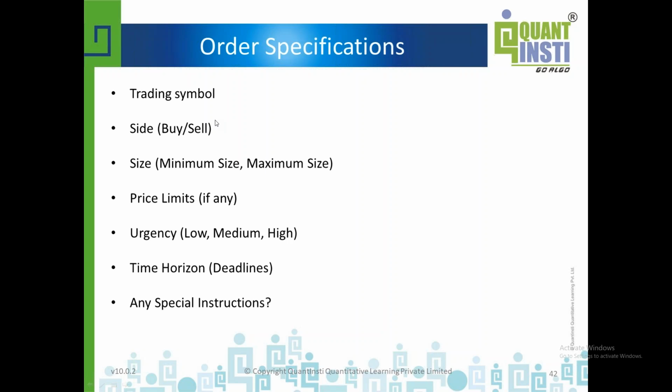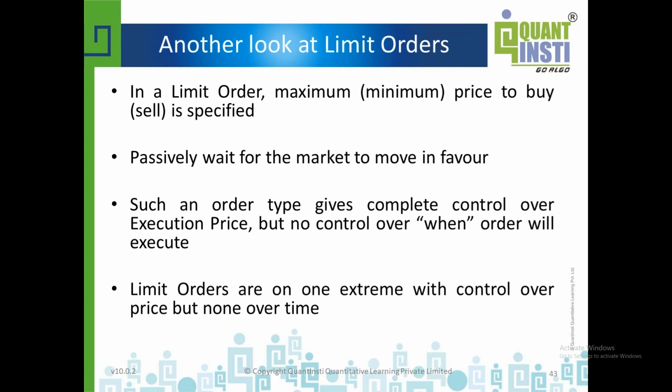Urgency and time horizon I will take later in this class, so let me just leave this right now. Any special instructions? If there's a price limit, I cannot buy at a price above this, I cannot sell below this, and whatnot. So limit orders, you obviously know this.